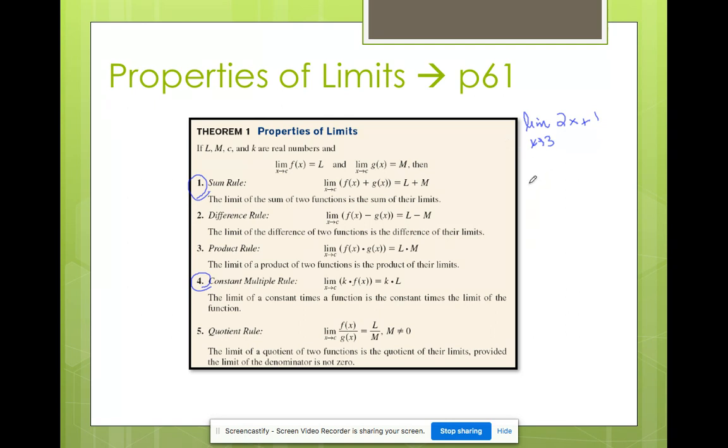This is actually the limit as x approaches 3 of the constant function 2 times the limit as x approaches 3 of the function x plus the limit as x approaches 3 of the constant function 1. I swear sometimes these problems give kids more trouble than more complicated functions. But let's think about these limits graphically.